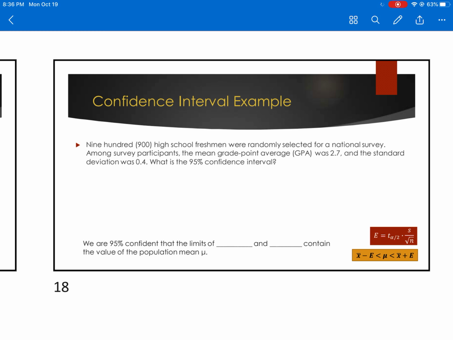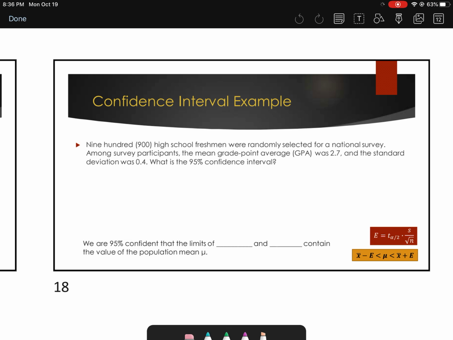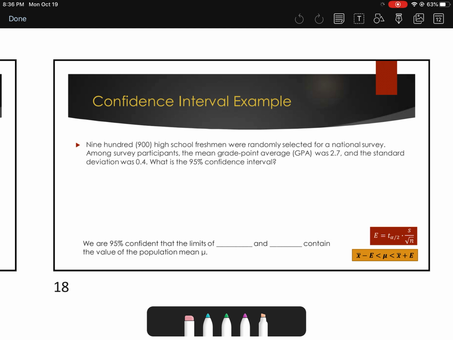Okay, so let's look at this last example. Same problem. 900 high school freshmen were randomly selected for a national survey. Among survey participants, the mean grade point average was 2.7 and the standard deviation was 0.4. What is a 95% confidence interval? So now I'm going to actually do that last step.